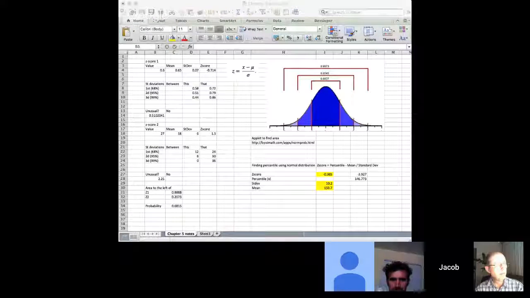Let's see. Probability between 60 and 70. Probability between two values. So what do you have to find? What was your answer, Dwayne? 0.525.